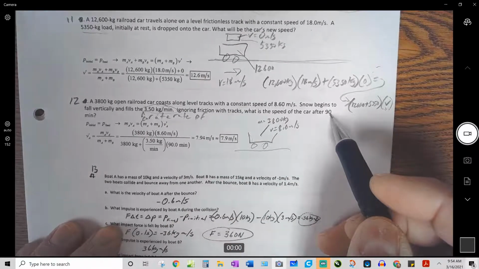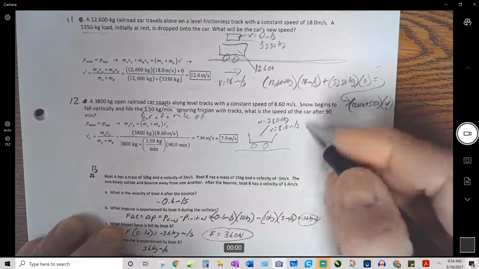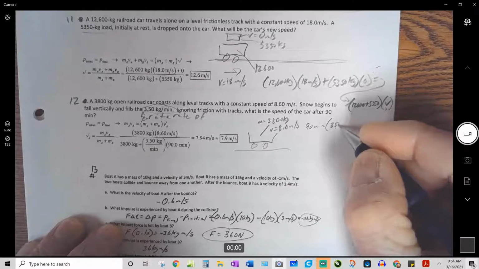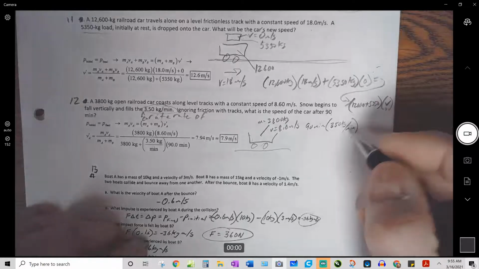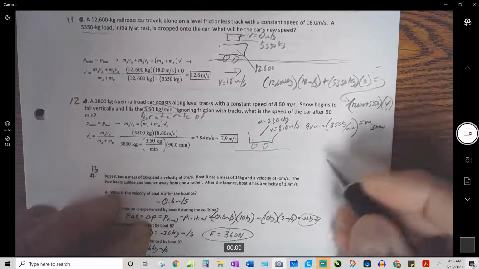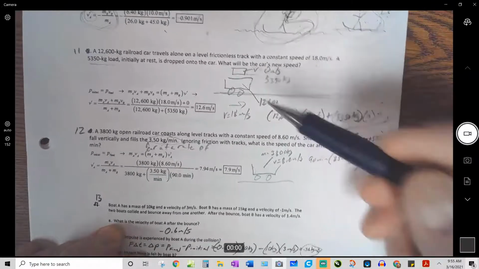So basically, a mass of snow equal to 90 minutes times 3.5 kilograms per minute. Whatever that is, this is the mass of snow that is going to fall in this. So it's just like this load being added on.